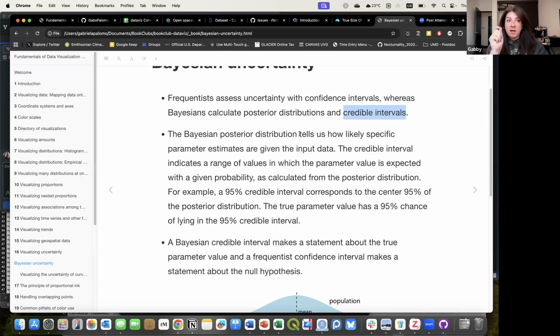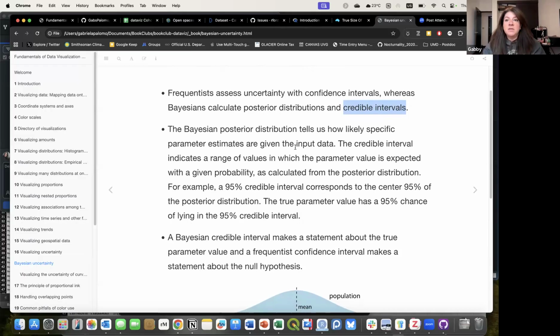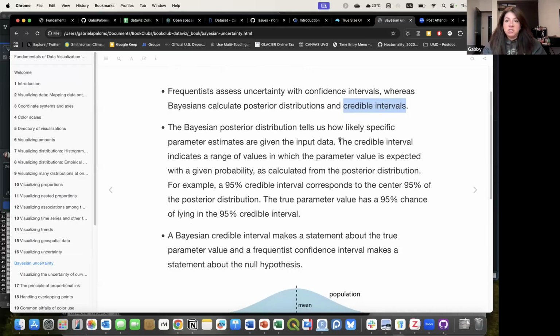Instead of having one value, which is what we do in frequentist statistics, we are going to have a posterior distribution giving us a distribution of that possible mean instead of just having one value. And with that information, we also define the credible interval, indicating a range of values in which the parameter value is expected with a given probability, as calculated from the posterior distribution.